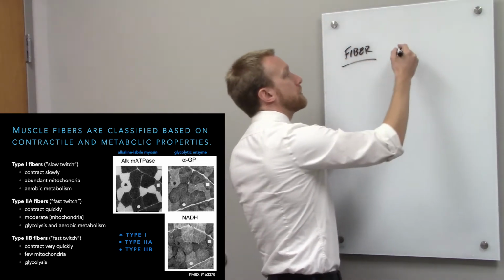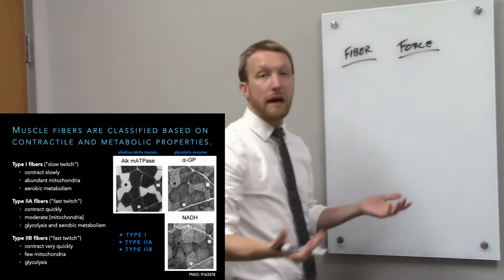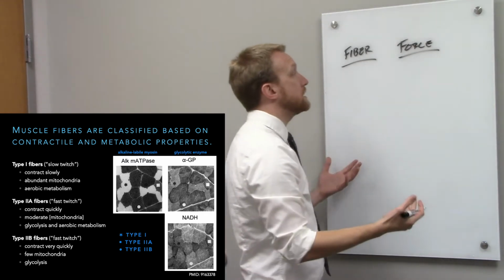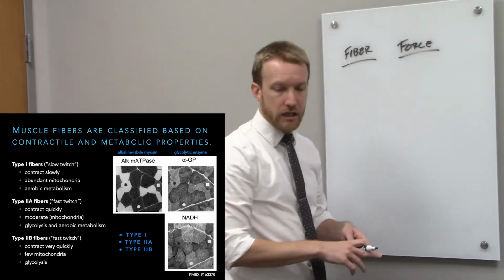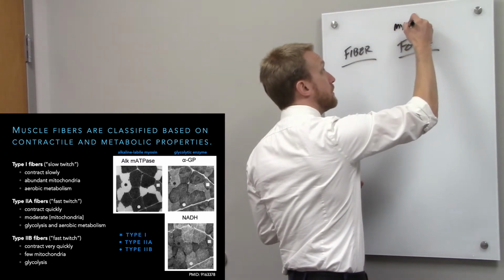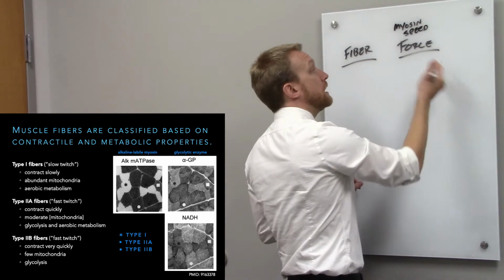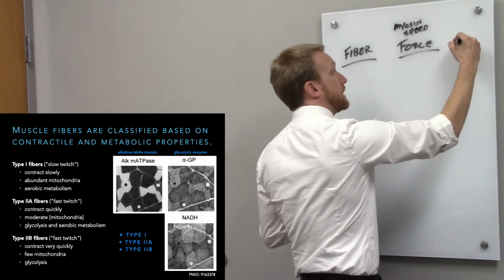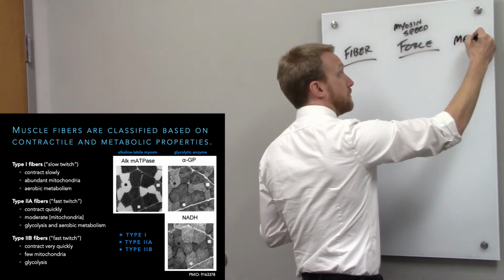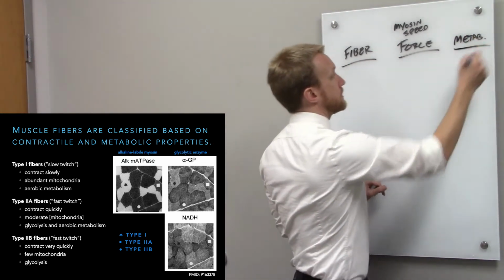For each fiber we need to think about the force that it generates, and this depends on myosin. How quickly does myosin hydrolyze ATP? And then we need to think about the type of metabolism.